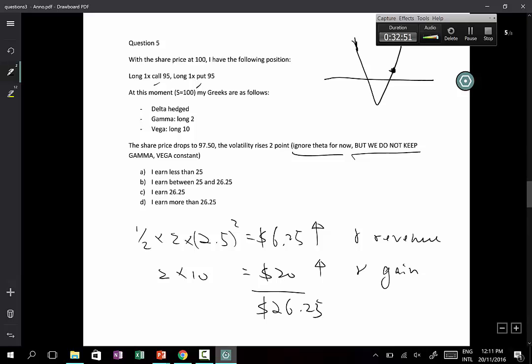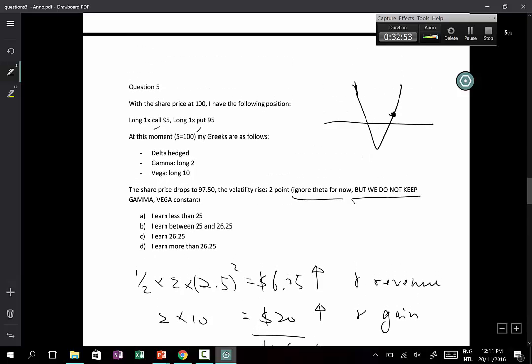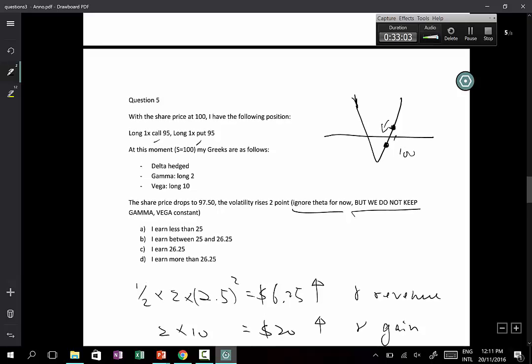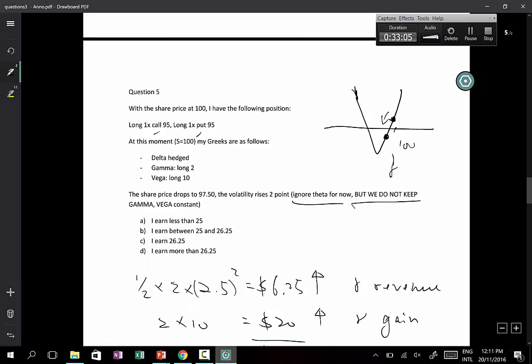Actually, if it drops to 97.50, so let's say 100 was here, and you go in this direction, actually the gamma will increase. So if you were to use just the old gamma, it's probably not correct.